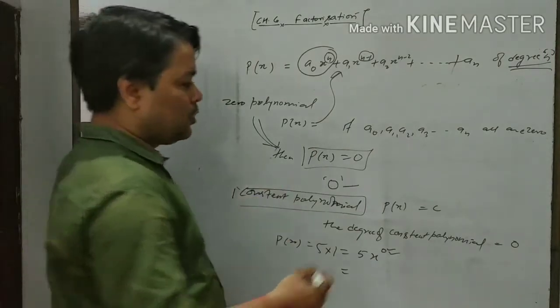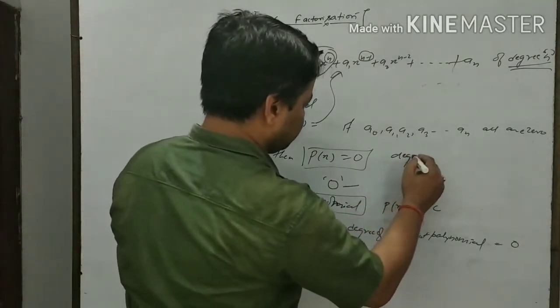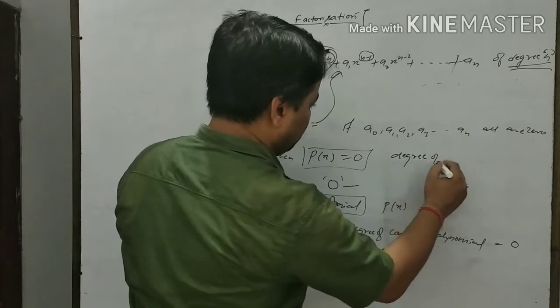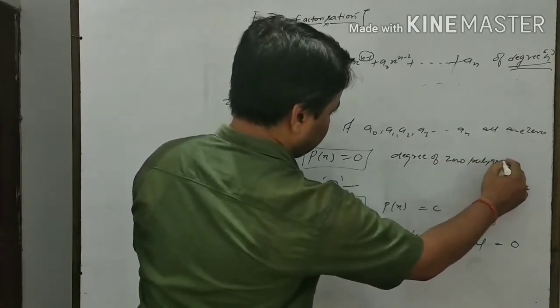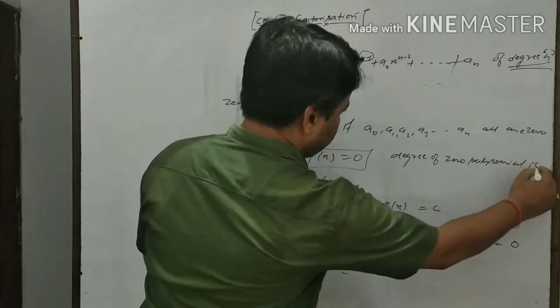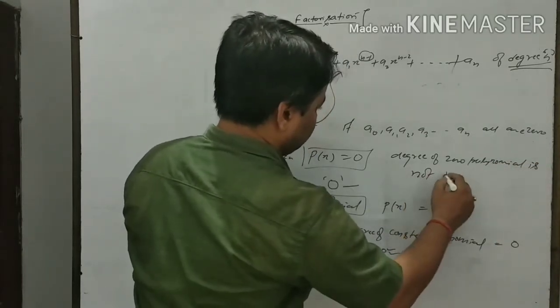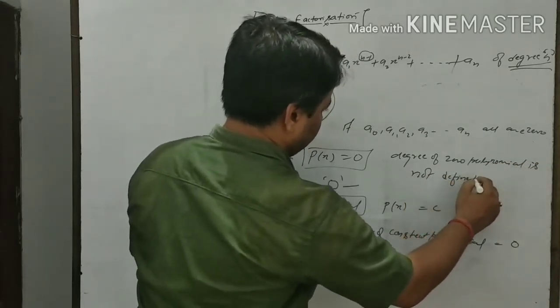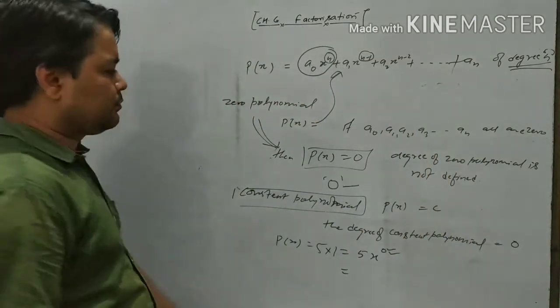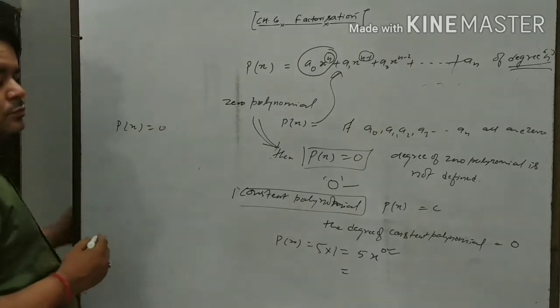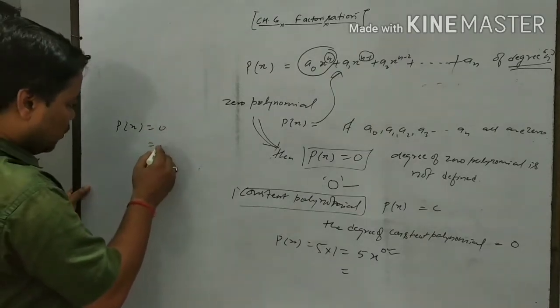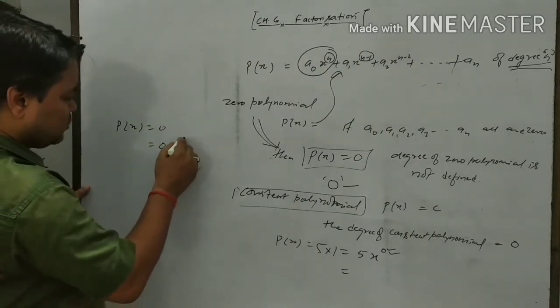But what is the degree of the 0 polynomial? Degree of 0 polynomial is not defined. Why? Because if we write here p(x) is equal to 0, then it is true for 0 into x raised to the power 1.